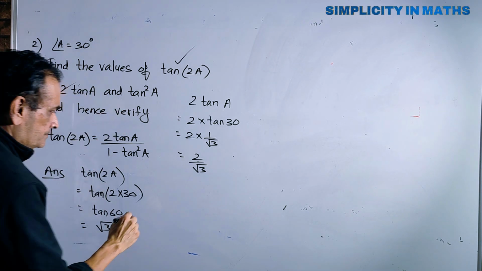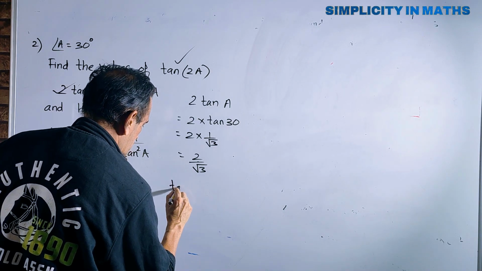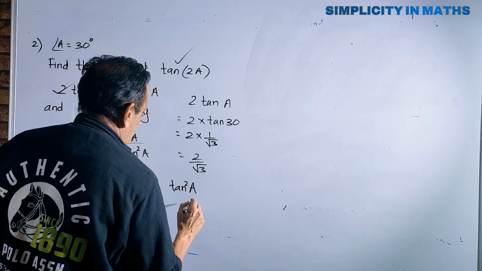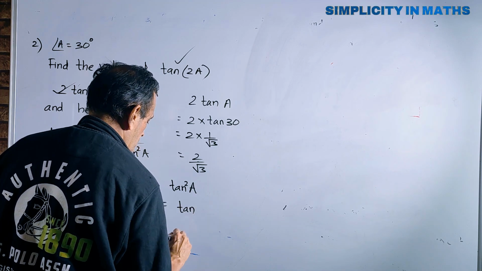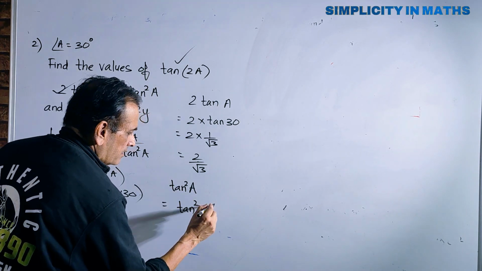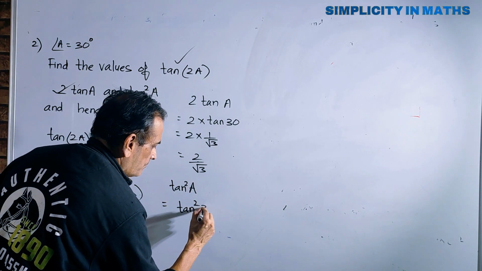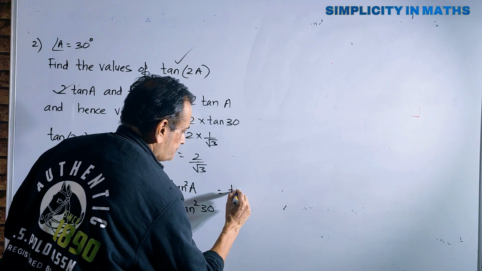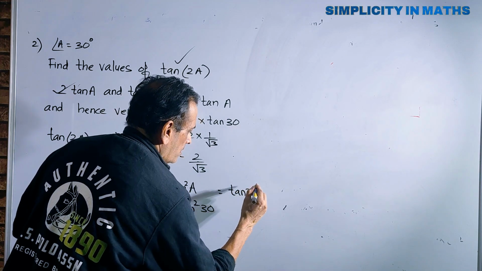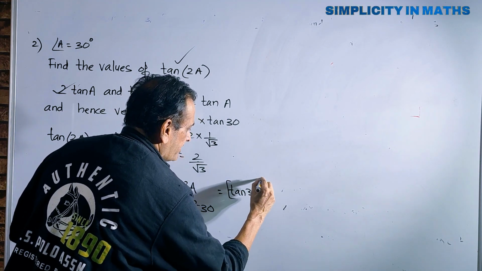Tan squared A. Tan squared A where A is 30. So tan squared 30 can be written as tan 30 bracket squared.